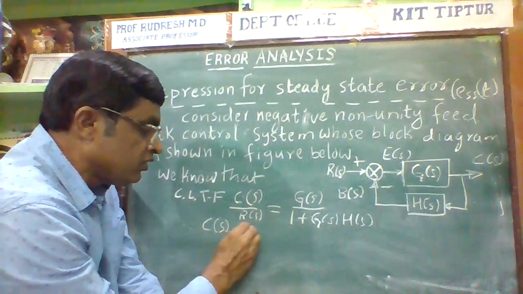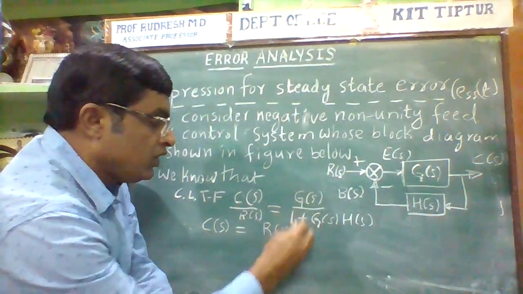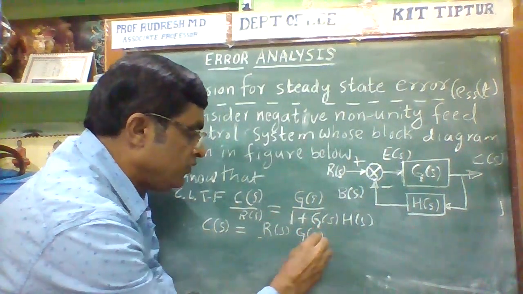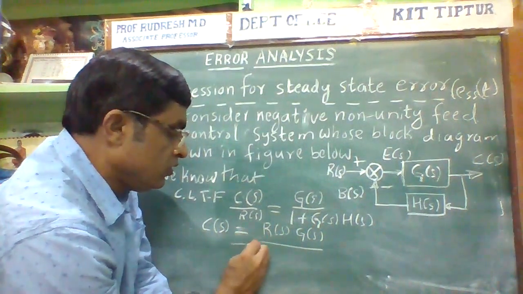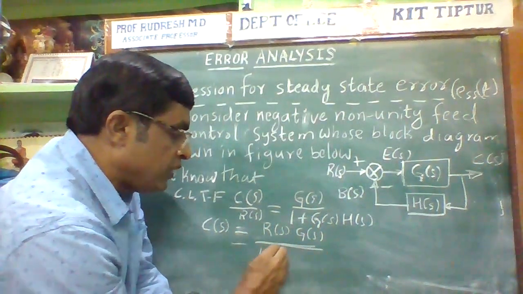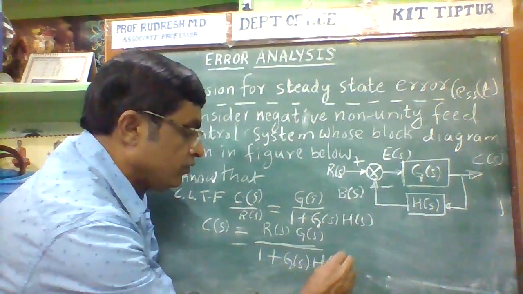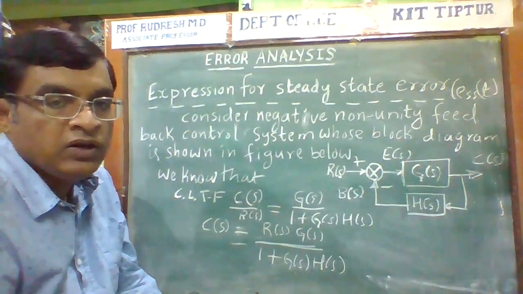Therefore, C(s) is equal to R(s) into G(s) divided by 1 plus G(s) into H(s). This is the output in the s domain.